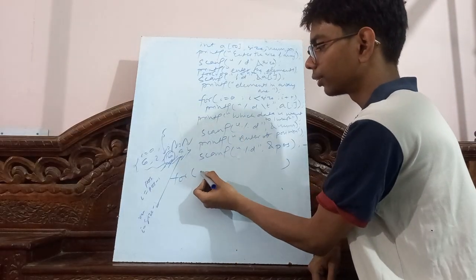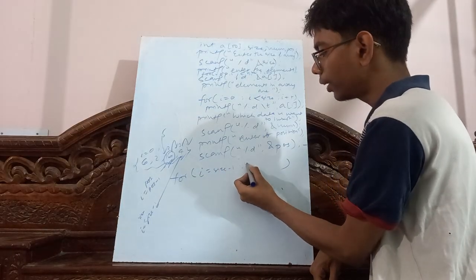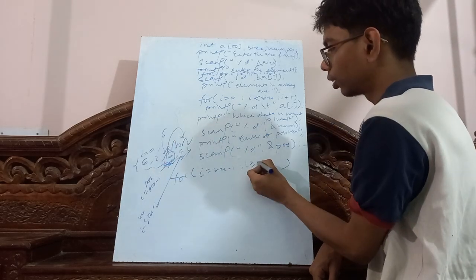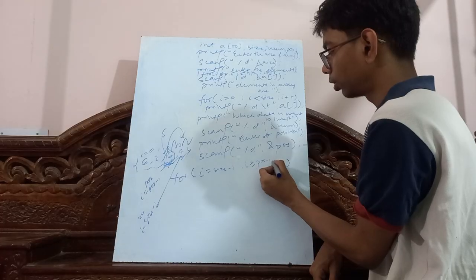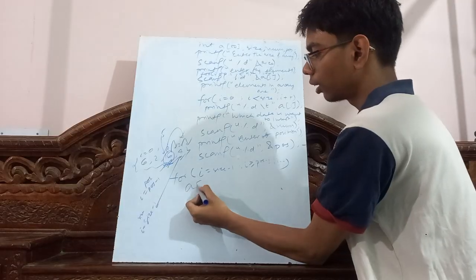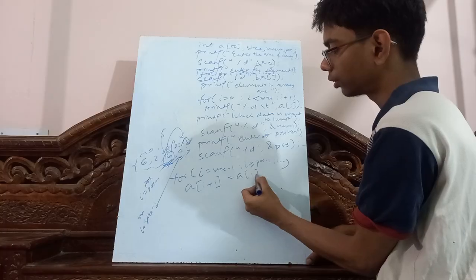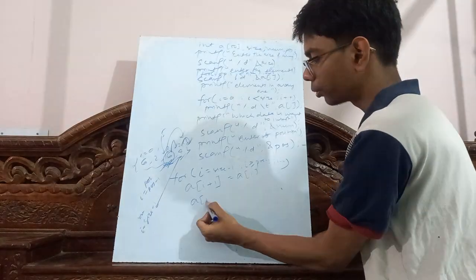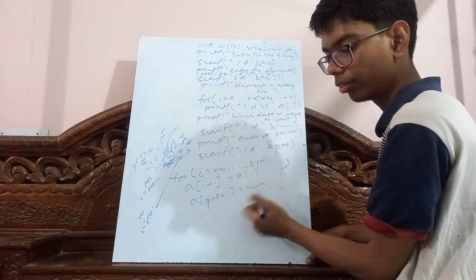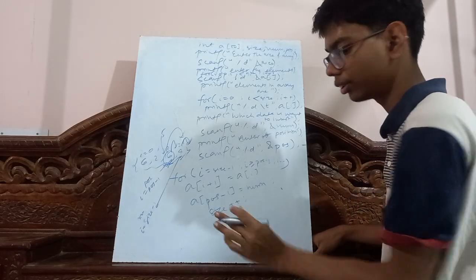So I will start at i is equal to size minus 1, i greater than or equal to position minus 1, and i decrementing 1 by 1, right? So basically, one place ahead I will store the previous data. And then at that position I will store the value which I asked from the user, and I will increase the size of the array by 1.